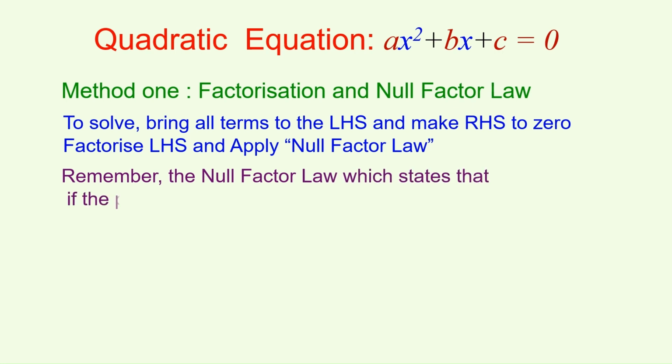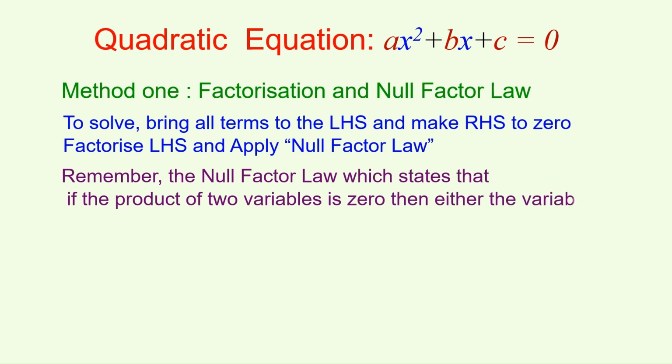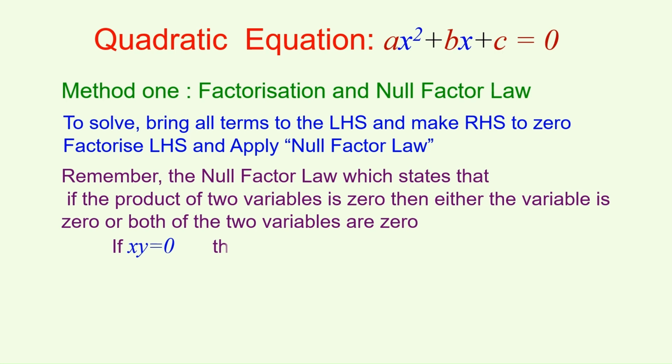Remember the null factor law, which states that if the product of two variables is 0, then either of the variables is 0, or both the variables are 0. If x times y equals 0, then either x equals 0 or y equals 0, or both x equals 0 and y equals 0.